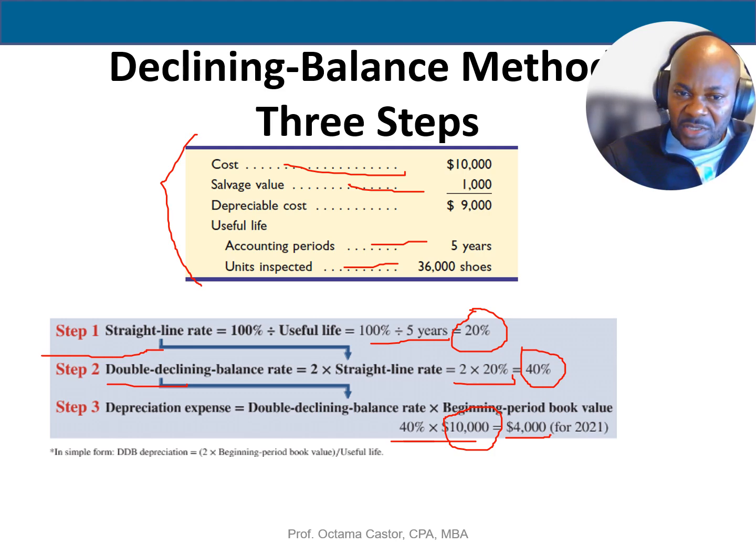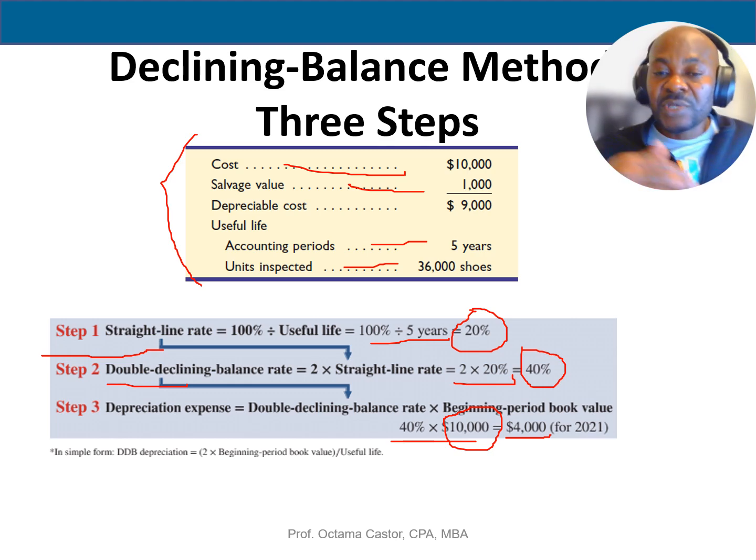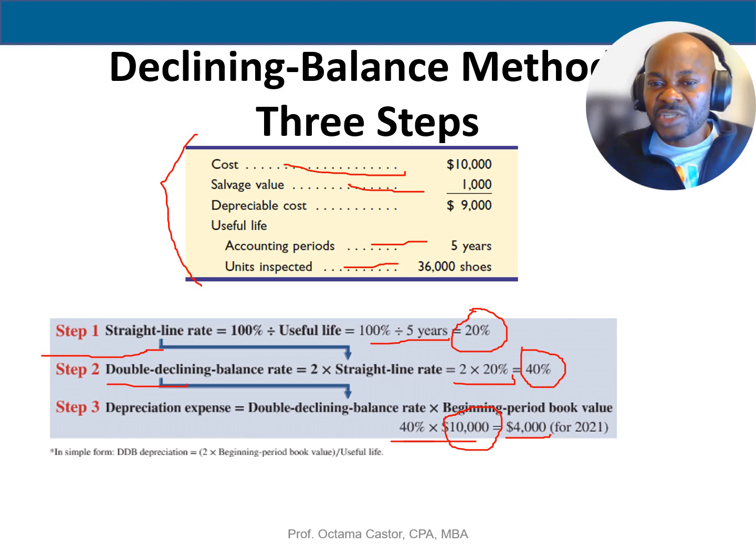Next year, you're going to be taking the exact same 40%, but you're going to multiply it by the cost of the asset at the time, which will be 6,000. So double declining gives you a much higher expense amount in the earlier years of using the asset. As you can see, it's more than double the straight line depreciation. Because remember, straight line depreciation amount was 1,800, right?